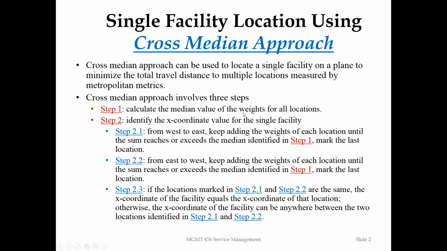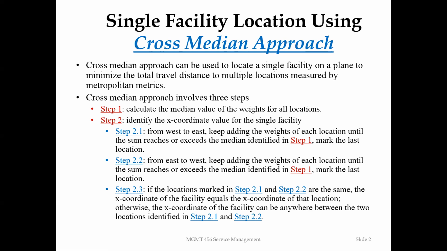So what are the weights? When we talk about the cross-median approach, for each city or community, we have weights. Typically, for most cases, we can view weights as population. If you're serving 5 customer locations, not all 5 locations are equally important. Some locations are larger than other locations. So how do we measure it? We use weights.